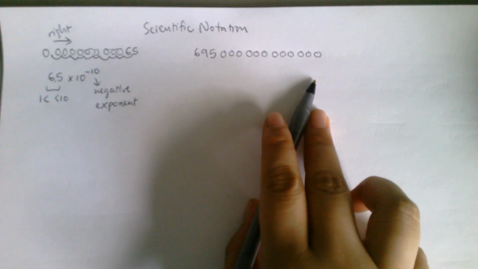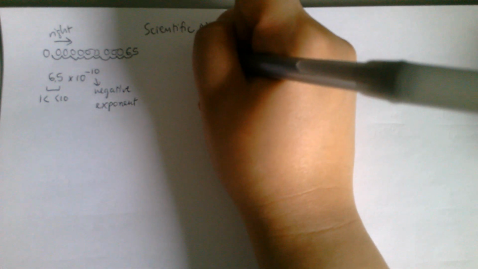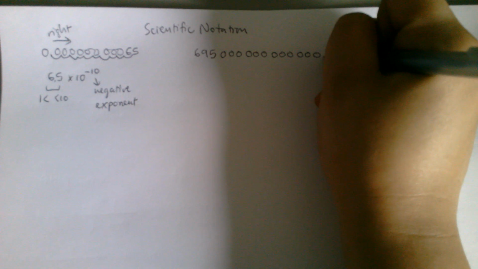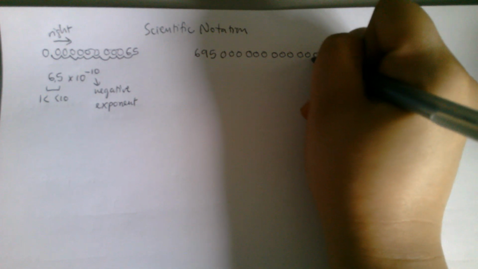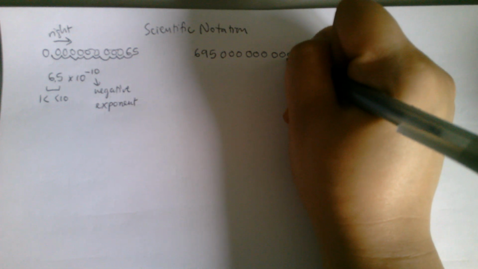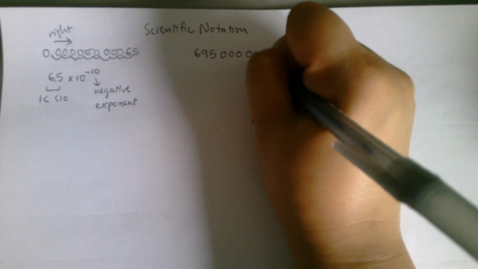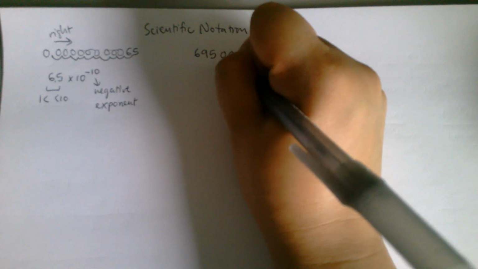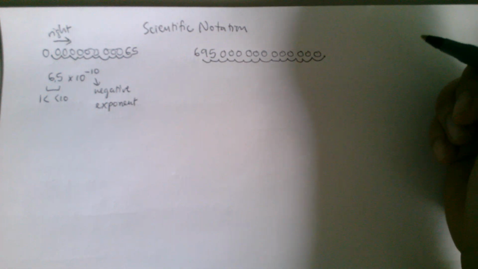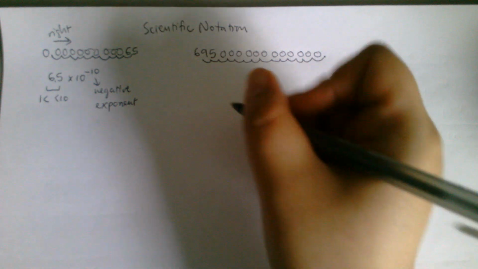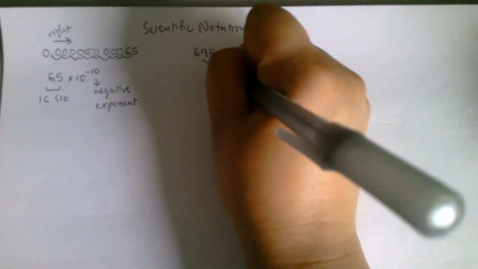So let's look at this number. We have the decimal all the way out here. Now let's move to the left. 1, 2, 3, 4, 5, 6, 7, 8, 9, 10, 11, 12, 13, 14. And I stop here. We would have 6.95.